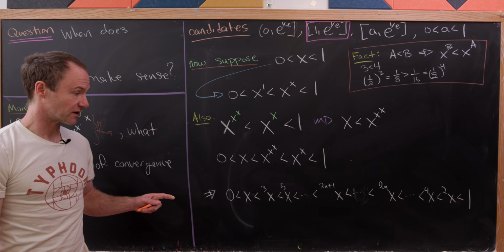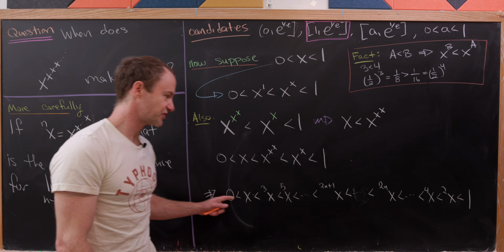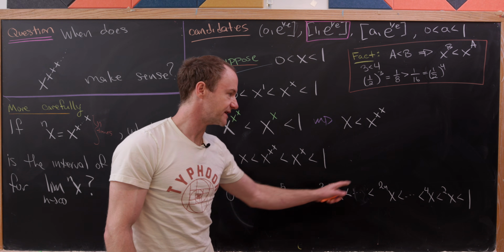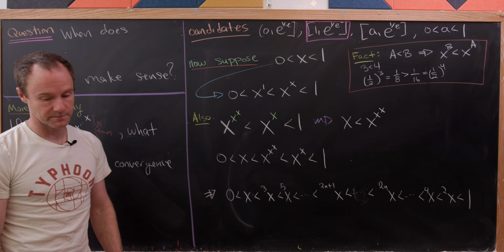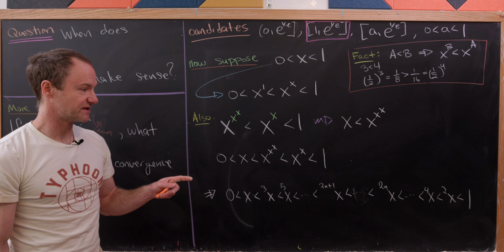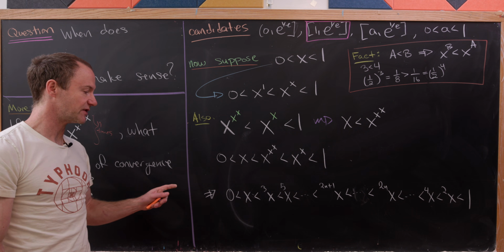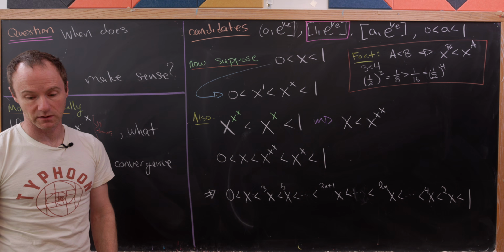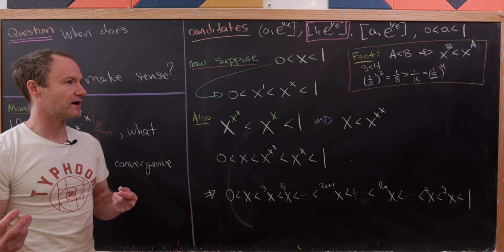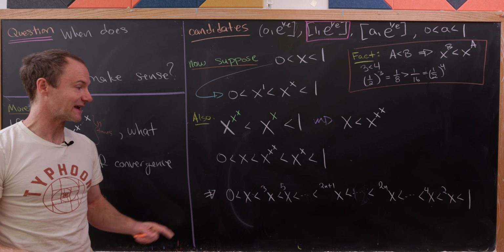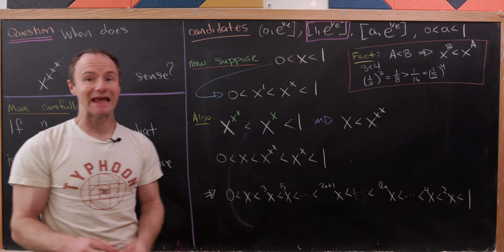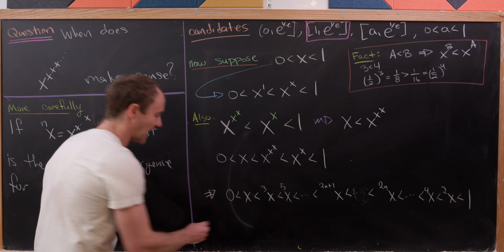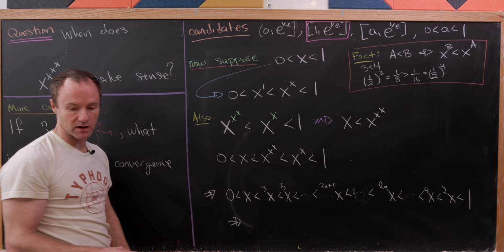So let's observe that the odd tetrations are monotonically increasing and bounded above by 1. The even tetrations are monotonically decreasing and bounded below by 0. So by the monotone sequence theorem, again, these two sequences individually converge. And in fact, we can say the following.